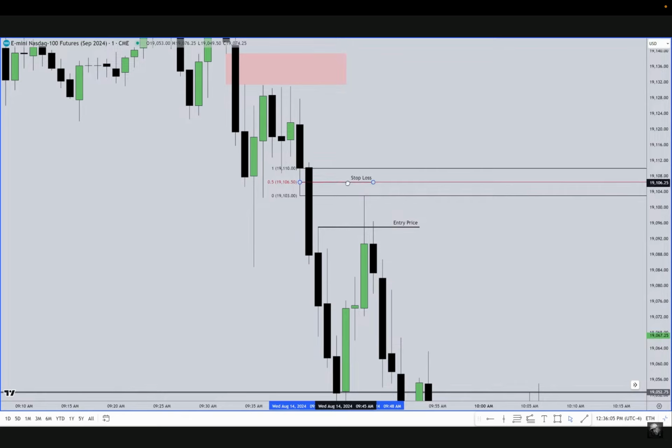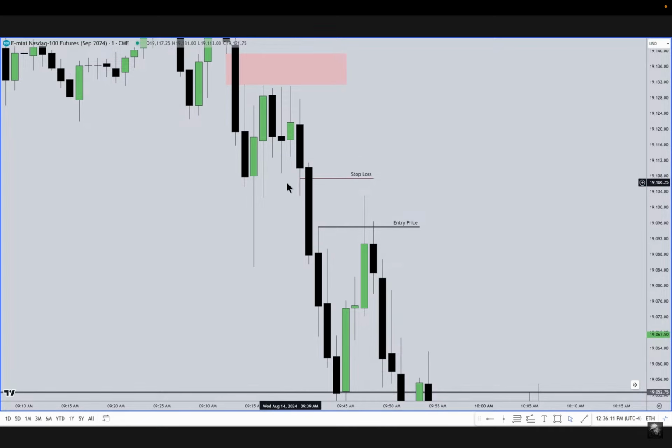There's consequent encroachment of that wick, plus 2 ticks. There you go.